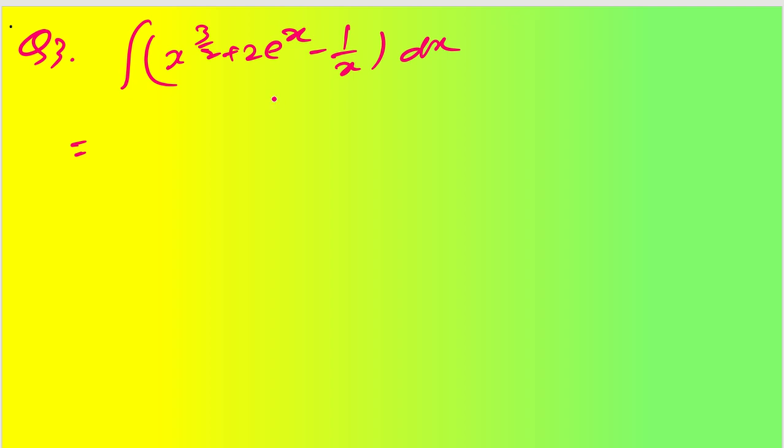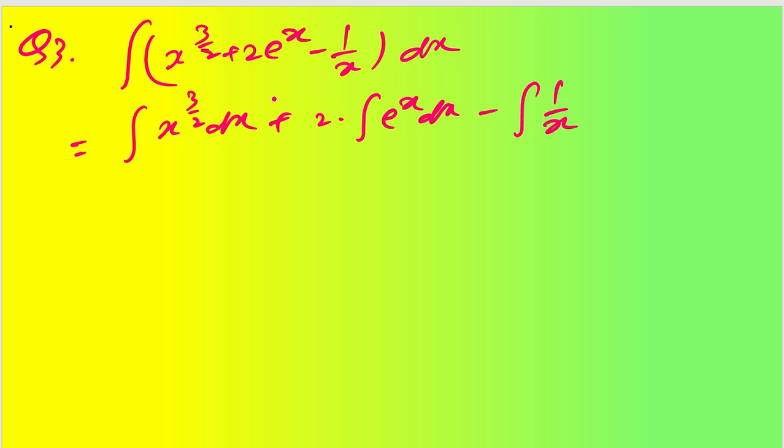So if you want, you can write down separately, like integration x to the power 3 by 2 dx plus 2 times integration e to the power x dx minus integration 1 by x dx, or otherwise you can directly write down the integrations, because you already know, you don't have to waste one step. Okay. If you are a school student, you must write down like this, otherwise your teachers may deduct marks. However, for GATE, CSIR, all these things, you don't have to do this much work.